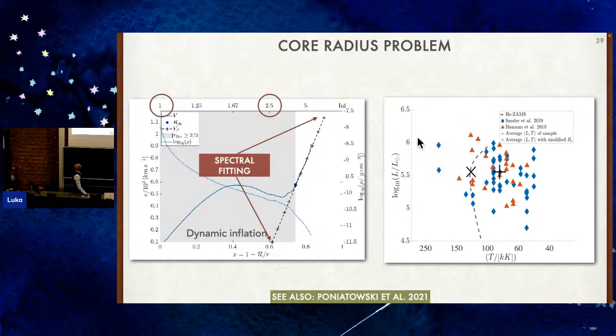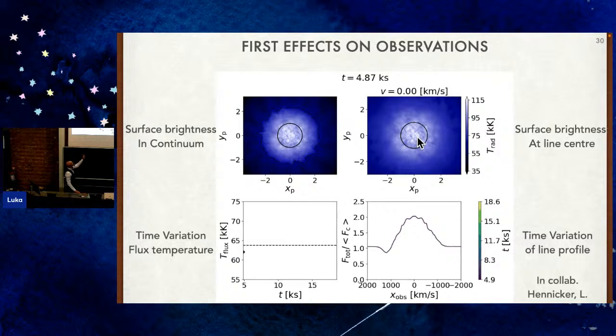Next, let's take our numerical models and try to reconstruct pictures of how the stars would look. What I will show you here will be a movie of how the stellar appearance, temperature, and line profile change in time as the simulation progresses.